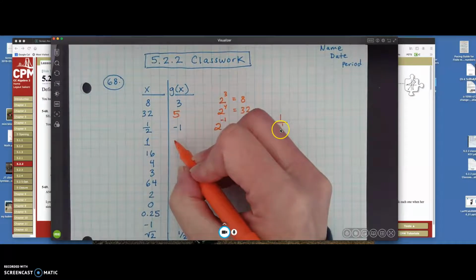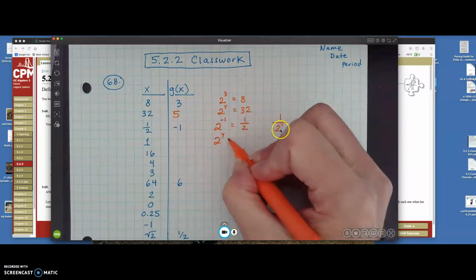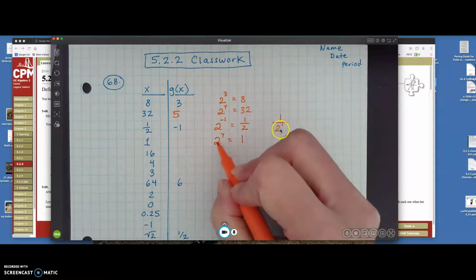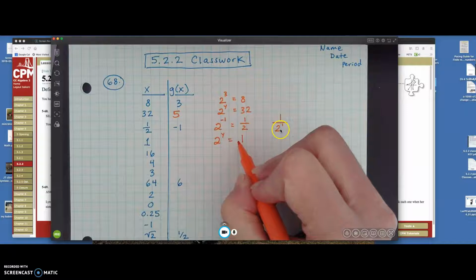Okay, so this one would have to be 2 to the what power equals 1. Well, if I have a 2, that's a bigger number. How am I going to make it drop down to a 1?